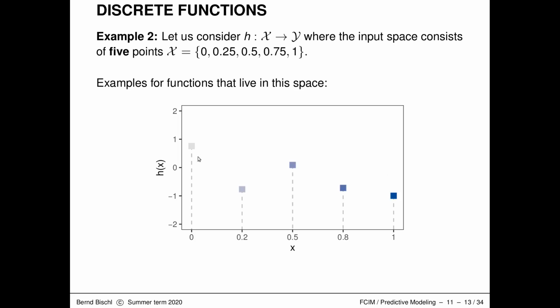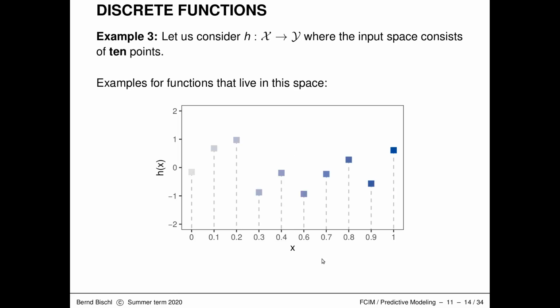So how about we use 5 points on our interval from 0 to 1? Now the function is a 5-dimensional vector and looks like this. How about 10 points? It looks like this, right? I guess you can see that the more fine-grained I make this set of measurement points on the given interval, the more the resulting object, which is still finite dimensional, feels like a function.